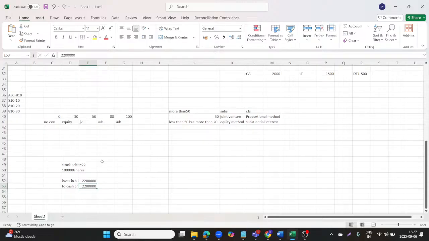The par value is 20, so the credit will be 22 lakhs, and if you bifurcate it, common stock will be 20 lakhs and 2 lakhs will be your additional paid-in capital that we saw yesterday.